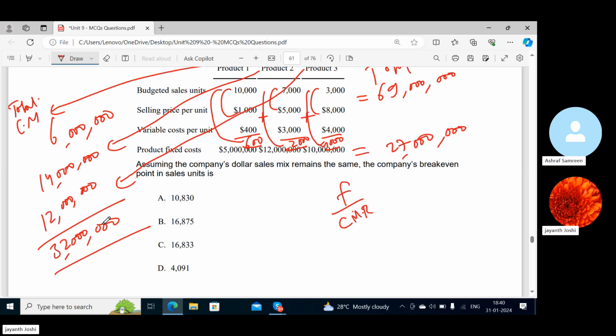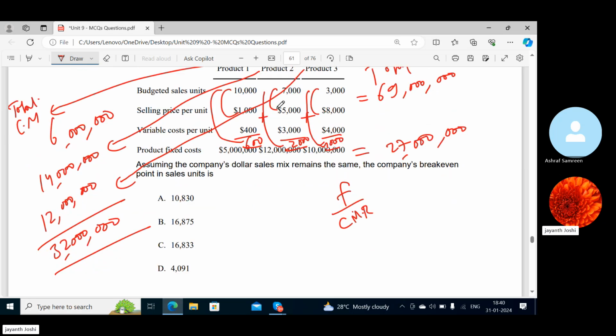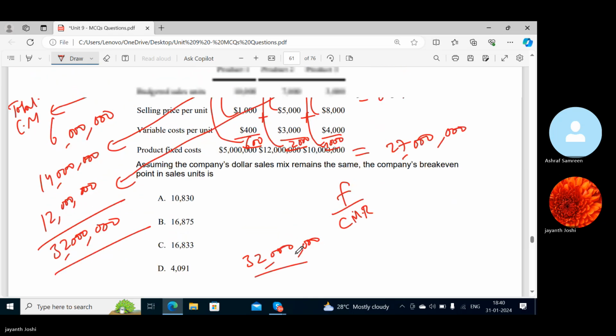Now, what we need to do is, they are asking us the company's break-even point in units, right? So we have the budgeted sales units. So this is the total contribution margin. So what is the total sales? 20,000, right? 10 plus 7, 17, 17 plus 3, 20.